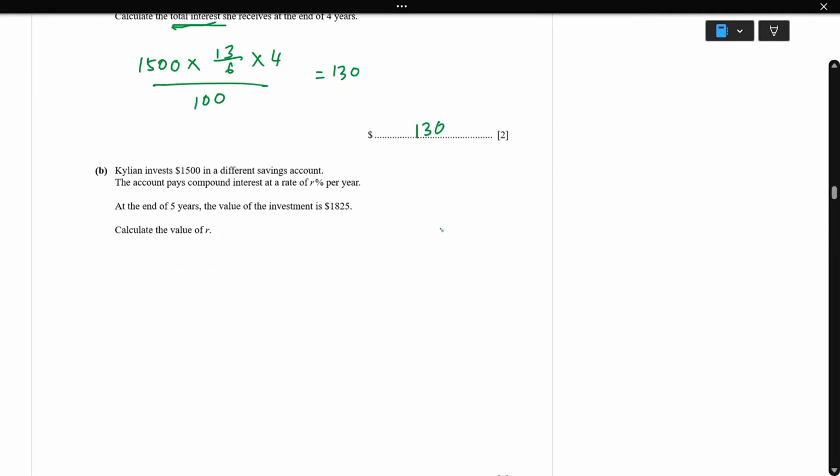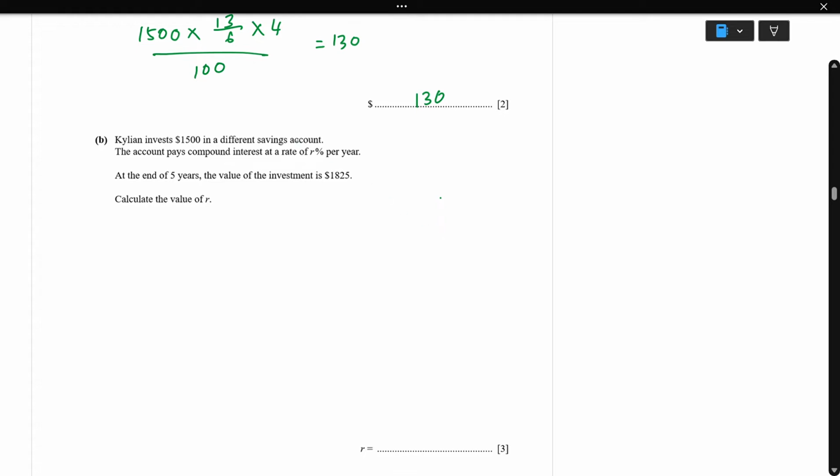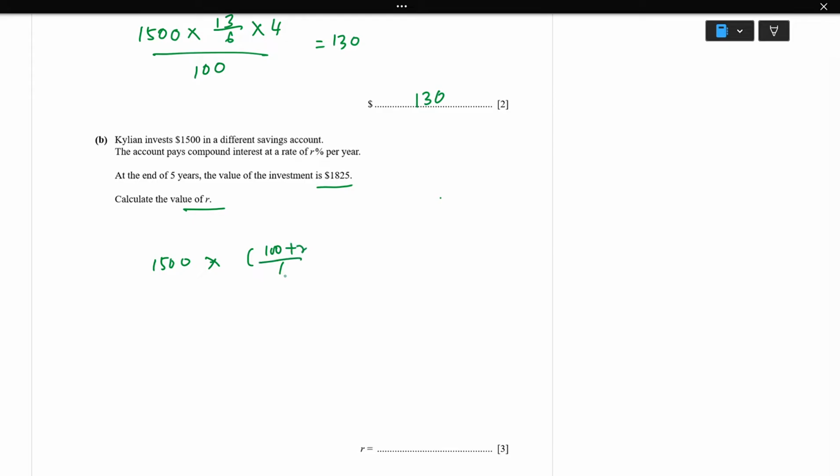Next, Kilan invests 1,500 in a different savings account. The account pays compound interest of R percent per year. At the end of 5 years, the investment amount is 1825. Calculate R. So 1,500 times (100 plus R over 100) to the power 5 equals 1825.